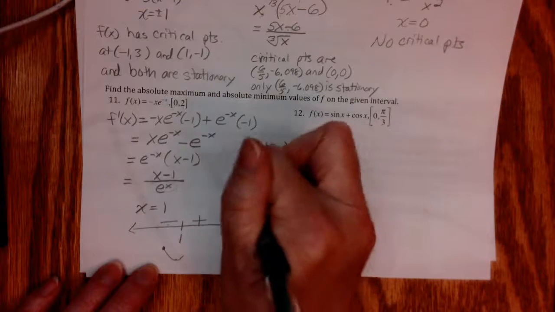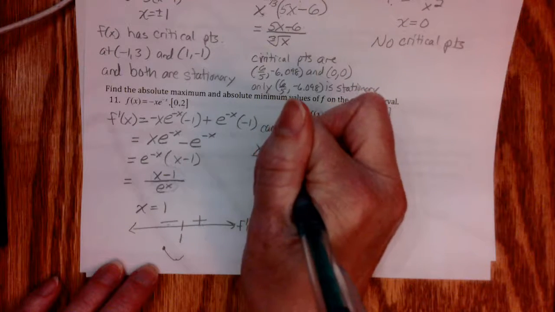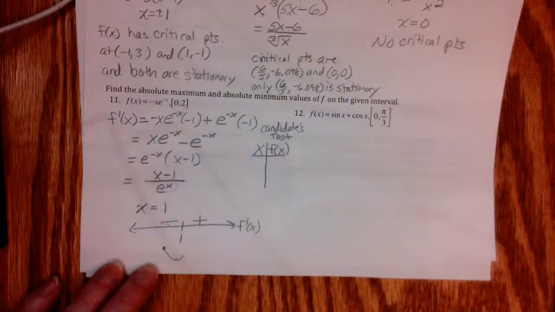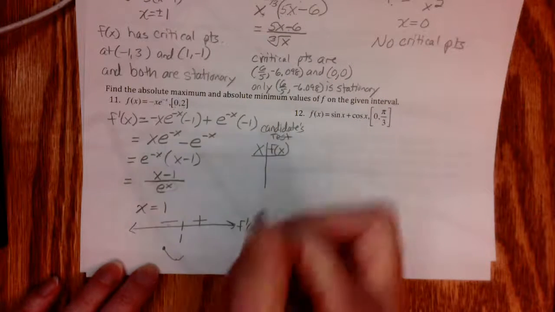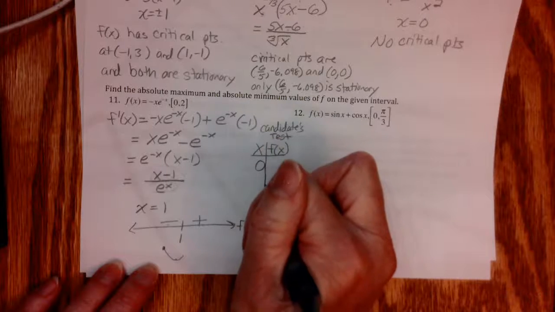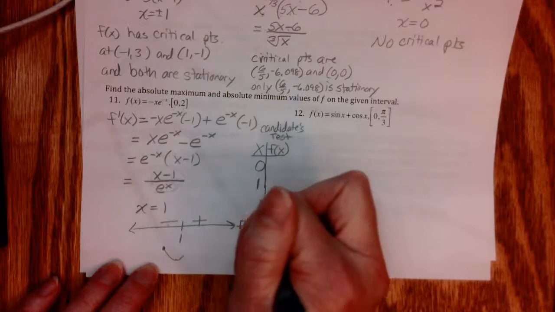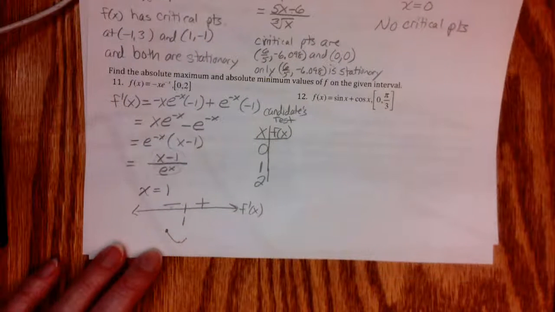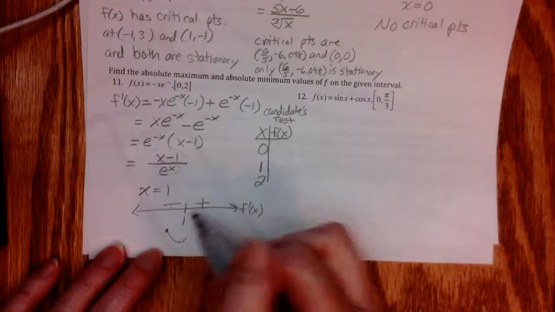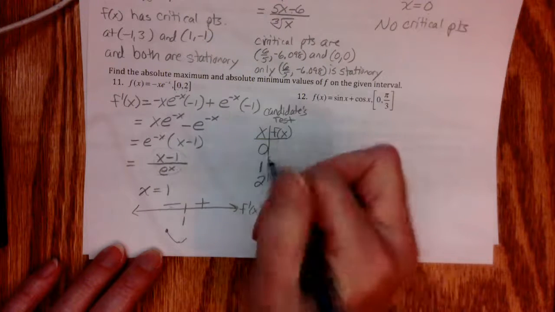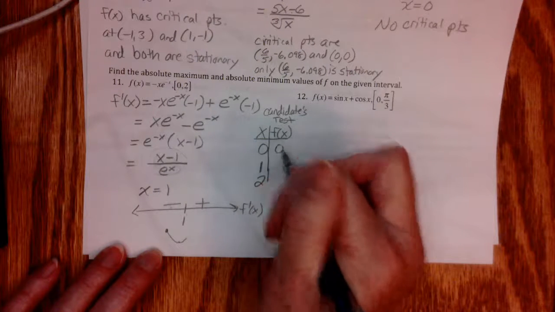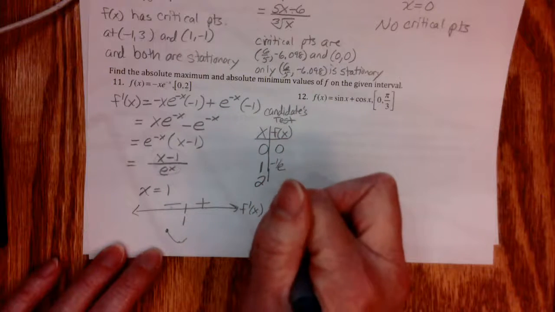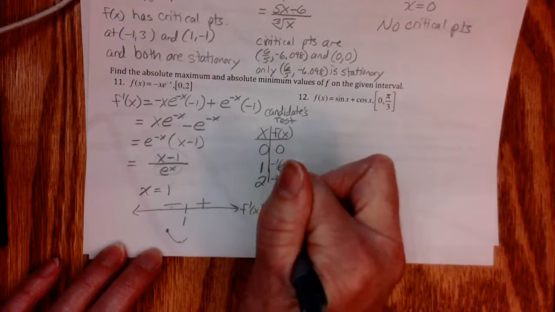A candidates test, here it is in vocab, identifies maxes and mins on a closed interval. What it does is it says you take the endpoints and any critical values, and you analyze their heights in comparison with the sign chart or standing alone. So if I plug 0 into the original, I get 0. If I plug 1 in, I get negative 1 over e. 2 is negative 2 over e squared.